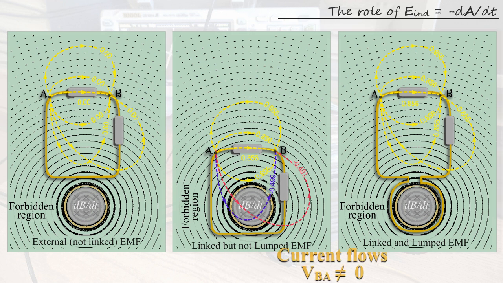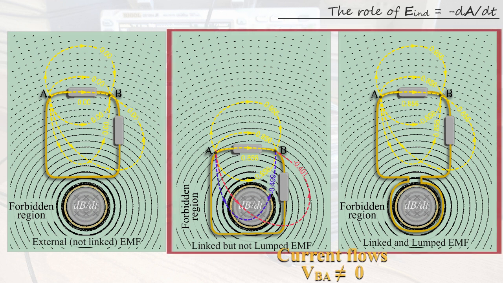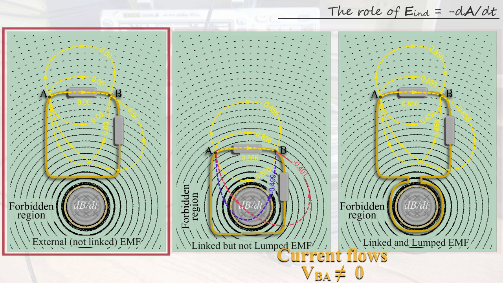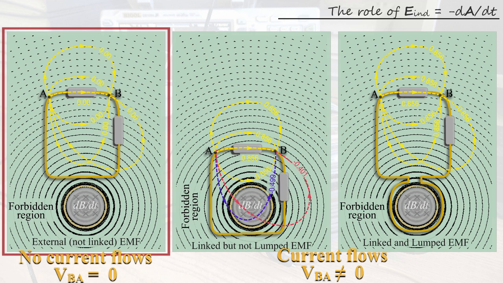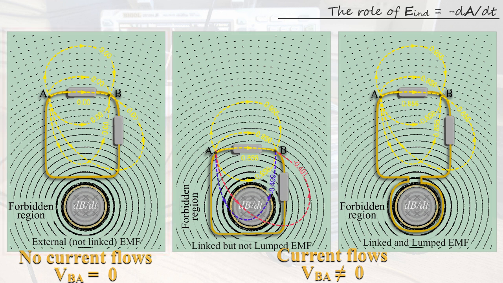It is only when at least one mesh of the circuit links the source of magnetic induction that a current can circulate. On the other hand, when the source happens to be external to the circuit, the only effect is a displacement of charge resulting in the electric polarization of conductors and the nullification of the total electric field inside them.